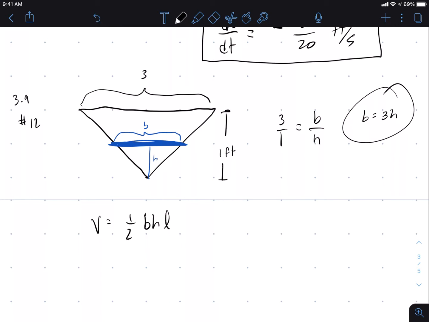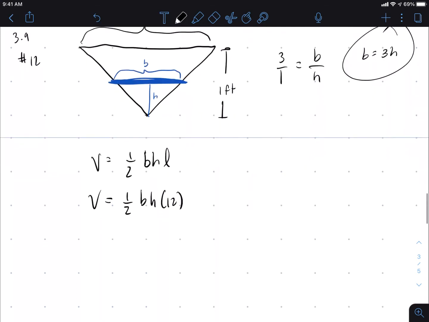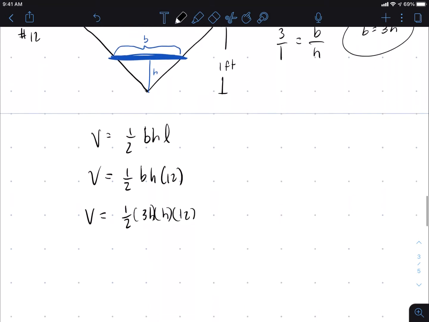In my problem, my length is 12. So I'm going to go 1/2 base times height times 12. Then I'm going to do a substitution, so 1/2 times 3h times h times 12. You got this? So I have 18h squared.